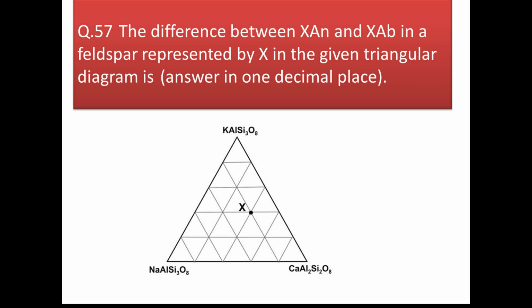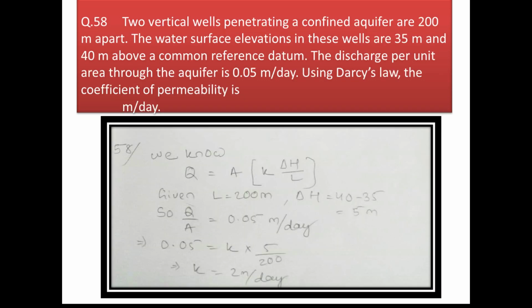Okay. Next question. Two vertical wells penetrating a confined aquifer are 200 meters apart, and the water surface elevations in these wells are 35 meter and 40 meter above a common reference datum. Now the discharge per unit area through the aquifer is 0.05 meter per day. Using Darcy law, the coefficient of permeability is dash meter per day.